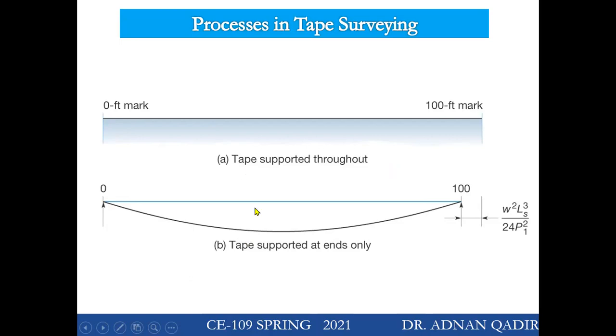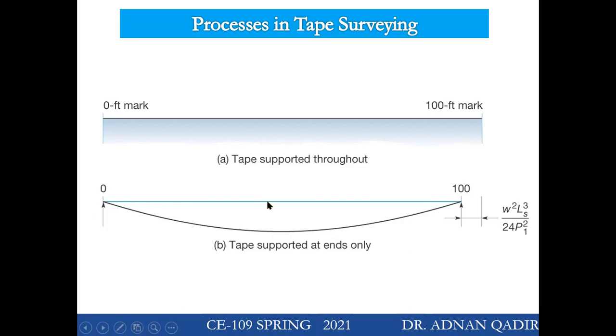So what happens? Actually, you have to measure it along the B line, but because of some reason you are not able to fully stretch the tape, you have to apply this correction to the tape, where W is the weight of the tape length, L is the length of the support, because here it is 100.